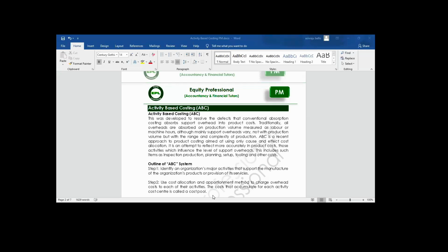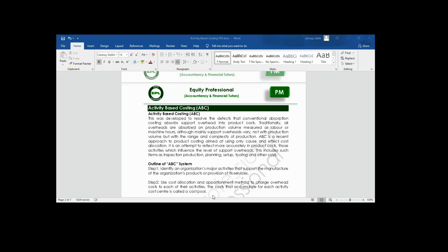Let me explain direct cost again. Direct cost. If you like, you can document this down. These are costs incurred and can be traced directly to a particular product or service. Examples of direct cost are direct labor cost, direct material cost, and direct expenses.